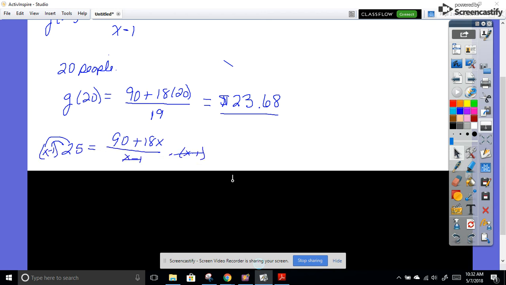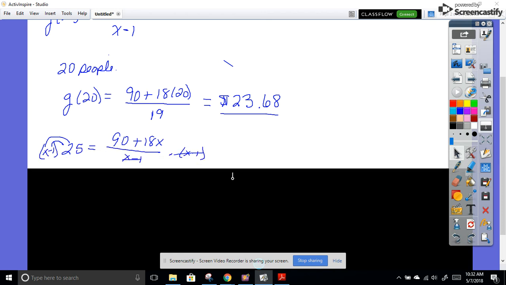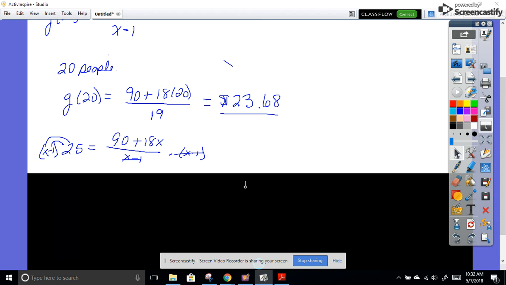What if we want the average cost to be $25 per person? How many people can come? You have the function, and you set it equal to 25. Now I'm trying to solve. I multiply both sides by x minus 1, so the 25 needs to be distributed.